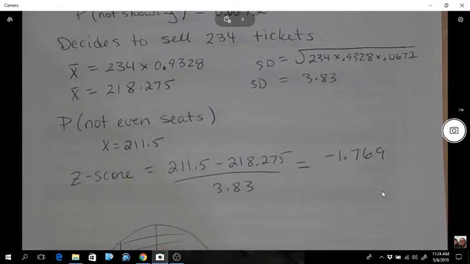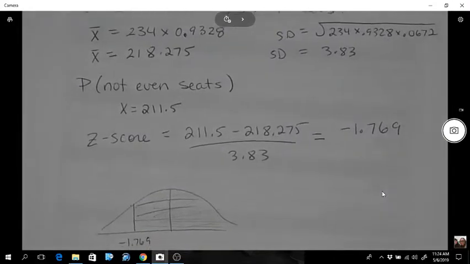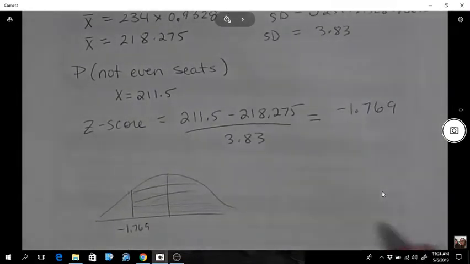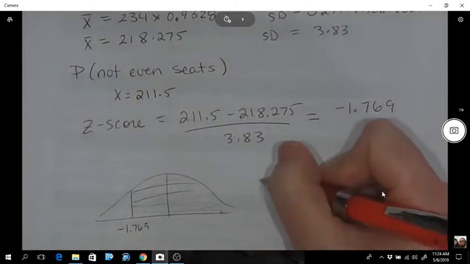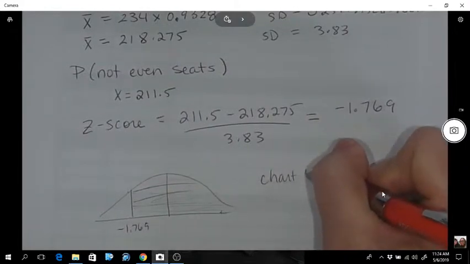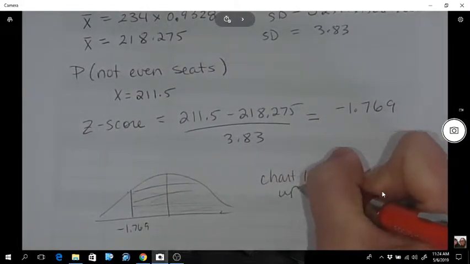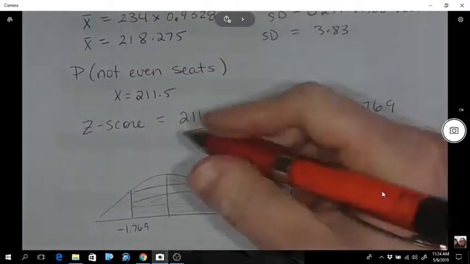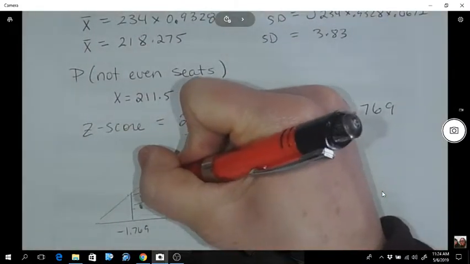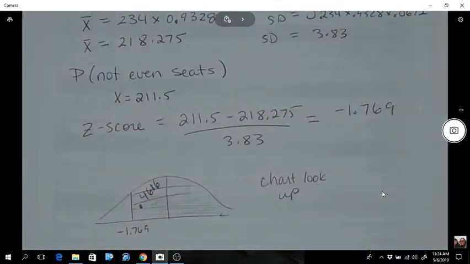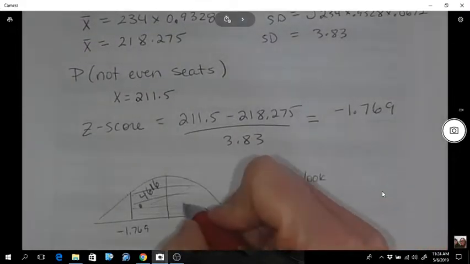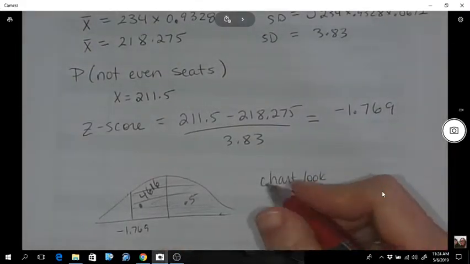And then, if there weren't enough seats, that would be the situation above that. Okay, so chart lookup. And we get 0.4616. So that goes there. And then this is a 0.5.